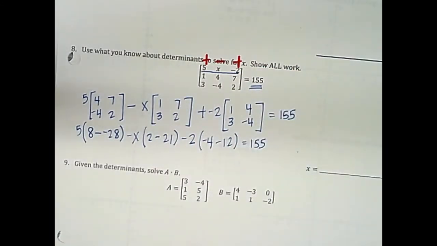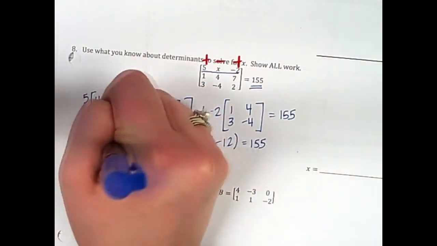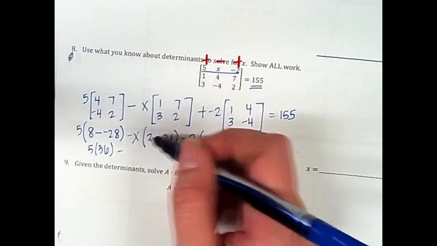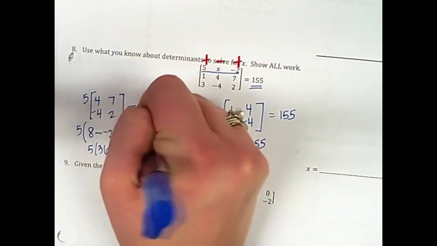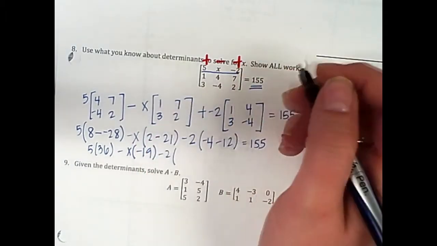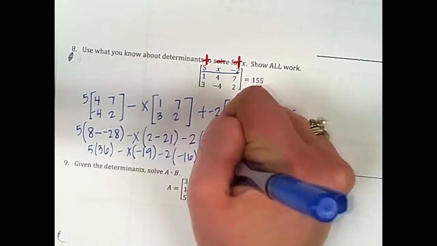So then I just start simplifying it. 8 minus 28 gets me -20, minus x times 2 minus 21, so 2 minus 21 is -19. And then minus 2 times -4 minus 12 gets me -16, equals 155.